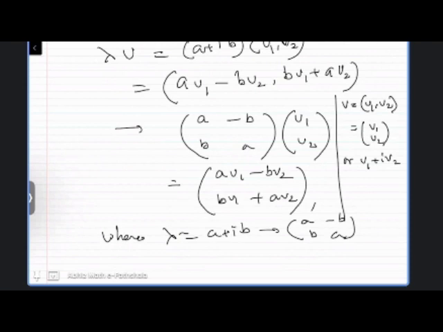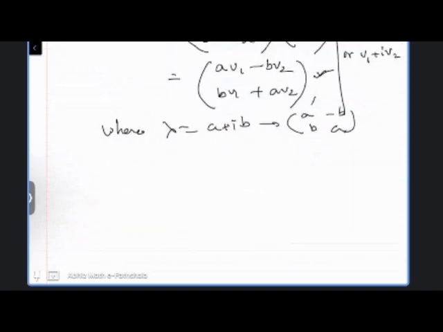Then you can easily handle this situation just by using this matrix with a, minus b, b, a, acting on v1, v2, and you will get that multiplication definition. Is it okay? And if you think of this multiplication in terms of this complex representation, you can easily evaluate.